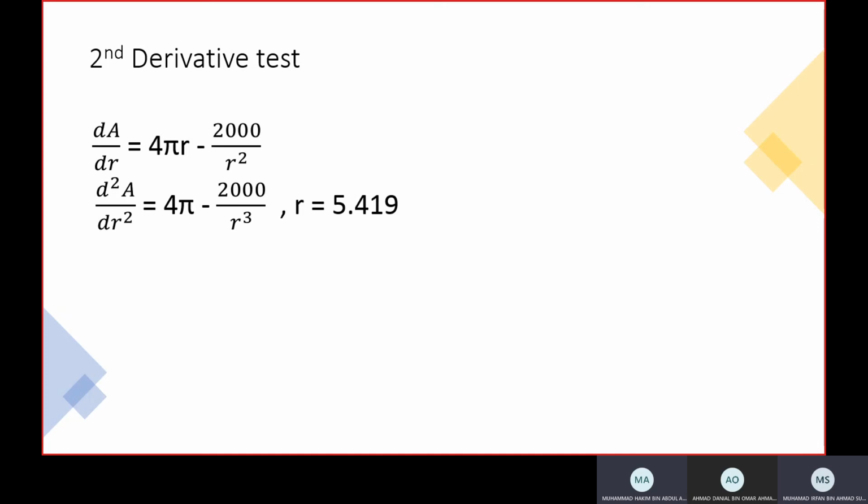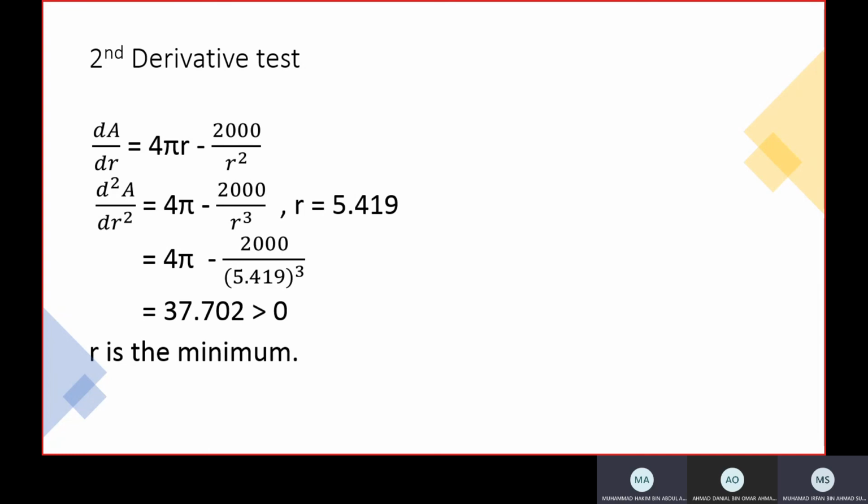And we take the value of r, which is 5.419, in the equation, and we will get 37.702, which is larger than 0, that makes r the minimum value. Now we move on to the conclusion.